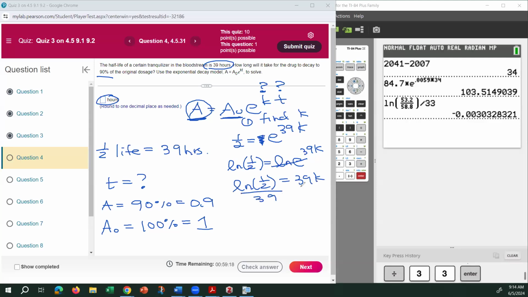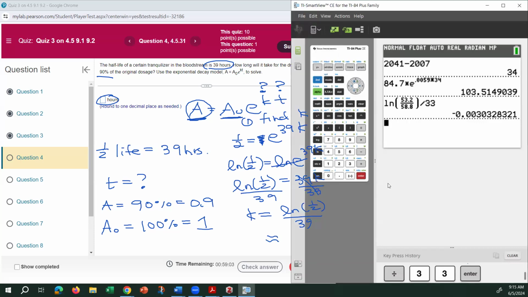Divide both sides by 39. We're going to get that K is equal to ln of half over 39. So let's find out what the K value is first of this tranquilizer. And then we're going to go back and find the number of hours it took to reduce to 90% of its original dose.